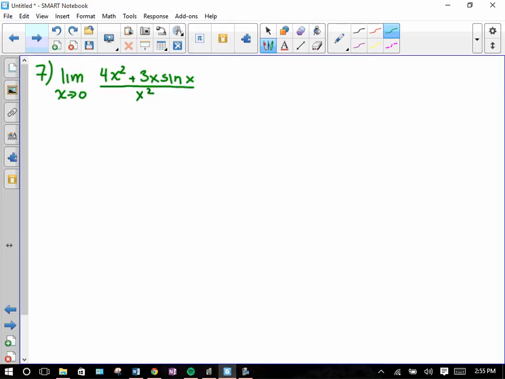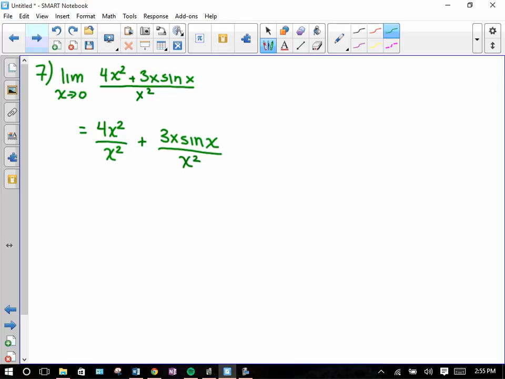Next, I look at the numerator and see that the terms are being added, so I should be able to break it apart. It's equal to the limit as x approaches 0 of 4x squared over x squared plus 3x sine x divided by x squared.